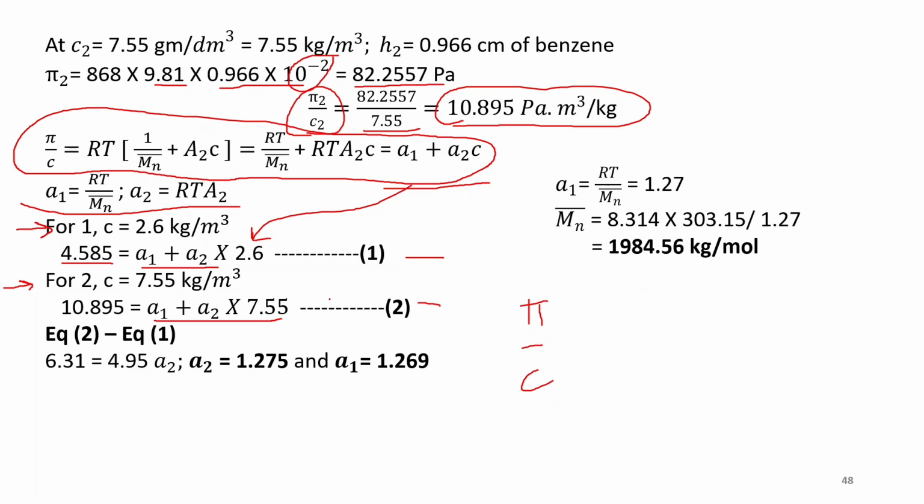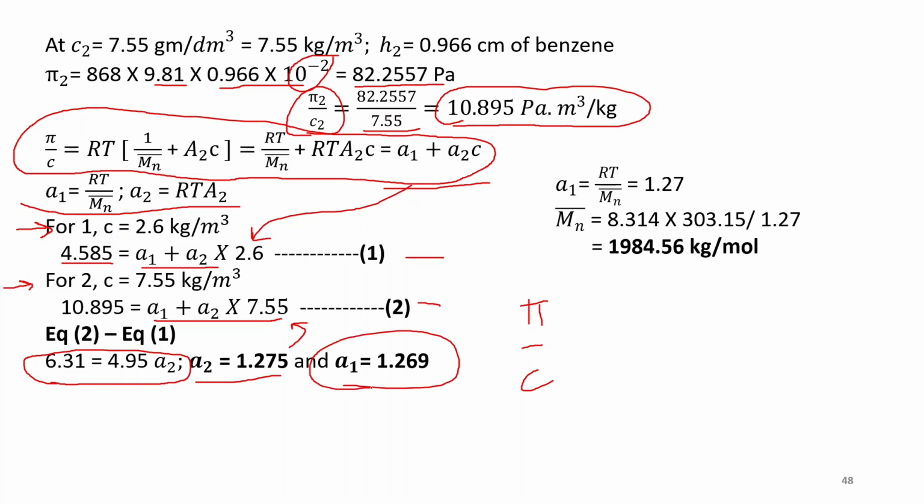Now equation 1 is subtracted from equation 2, and we get 6.31 equals 4.9582 A2. So from this we can get A2 as 1.275, and when we put it back into equation 2, we can get A1 as 1.269.